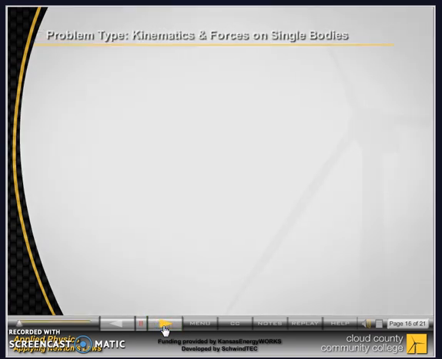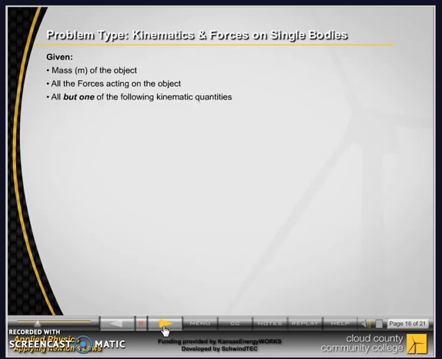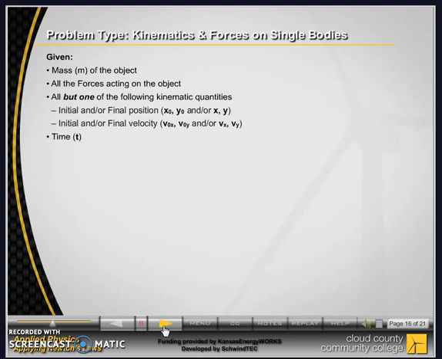Let's look at kinematics and forces on single bodies. Given mass of the object, all the forces acting on the object, all but one of the following kinematic quantities, initial and or final position, initial and or final velocity, and time, find the unknown kinematic quantity.